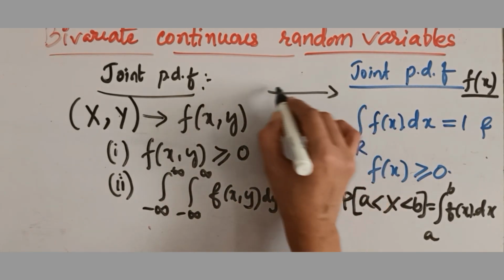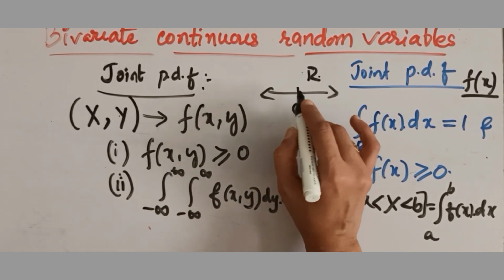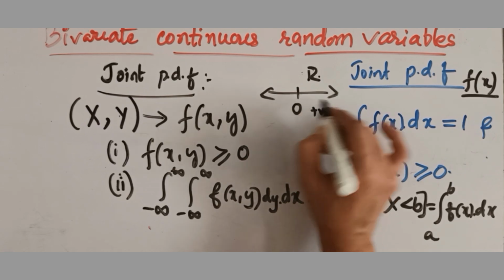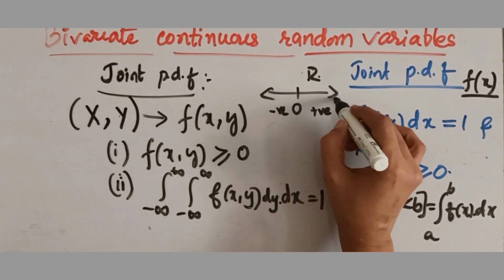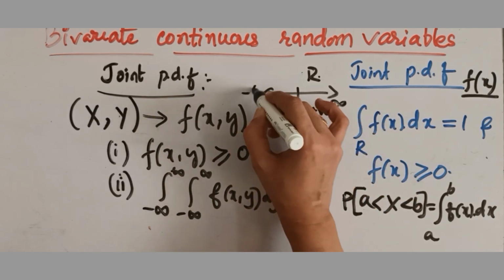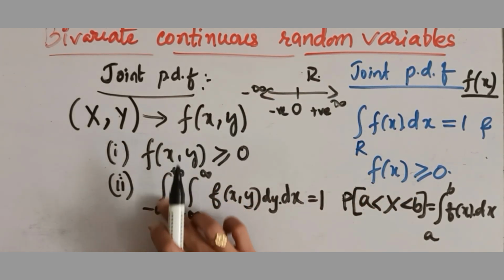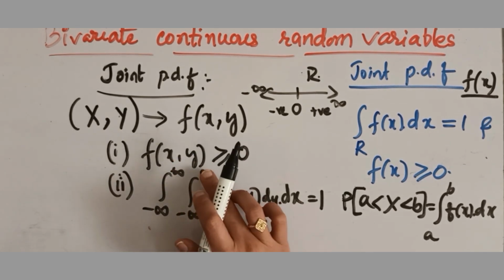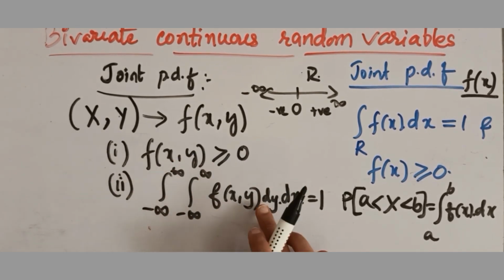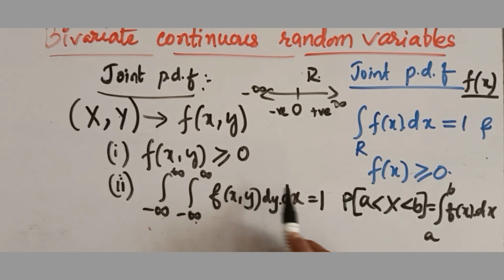You know that R is the real line. Here you have 0; to the right of 0 you have all positive reals, and to the left of 0 you have all negative reals. So this goes up to plus infinity and this goes up to minus infinity. So all real values are represented as minus infinity to infinity. Here also minus infinity to infinity, f(x, y) dy dx. The first integral is with respect to y and the second integral is with respect to x.